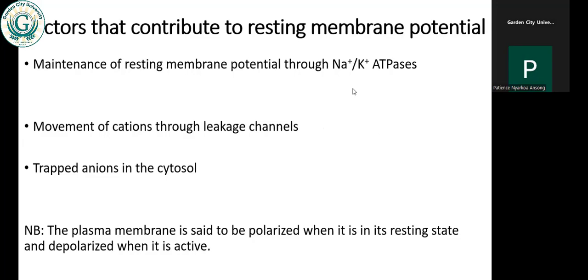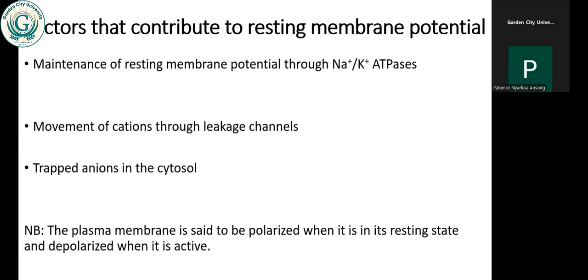Then you also have movement of cations through leaky channels. We are still focusing on the sodium and potassium ions. Potassium leaky channels have the ability to leak a lot of potassium compared to sodium. If potassium is being transported at a faster rate, you tend to have a lot of positives leaving the cell compared to positives coming in.